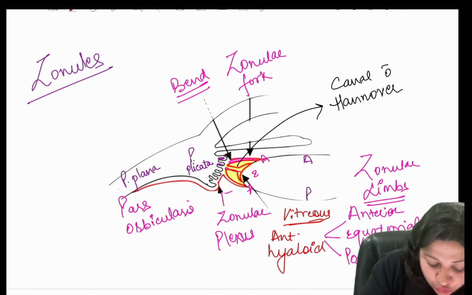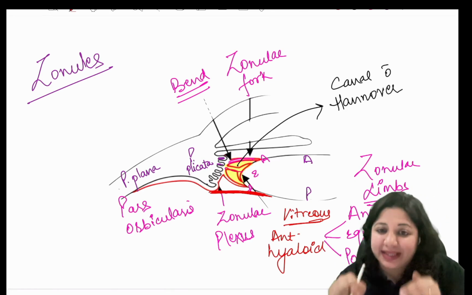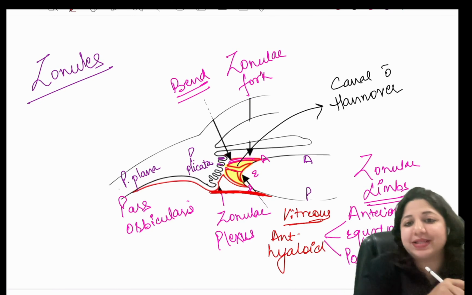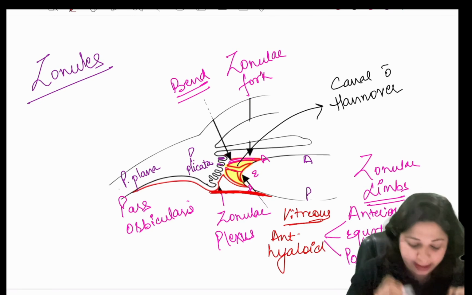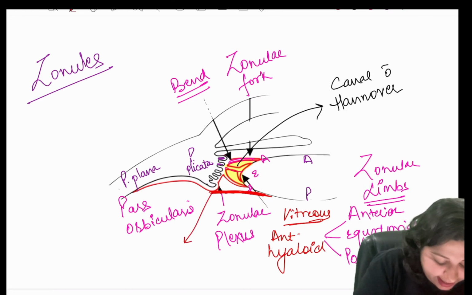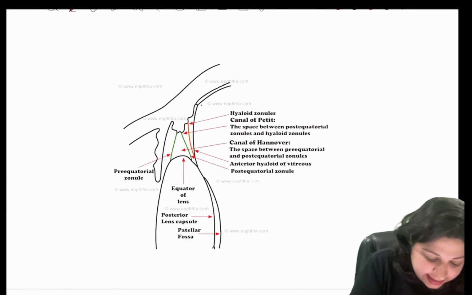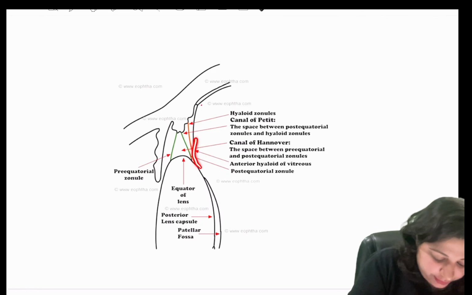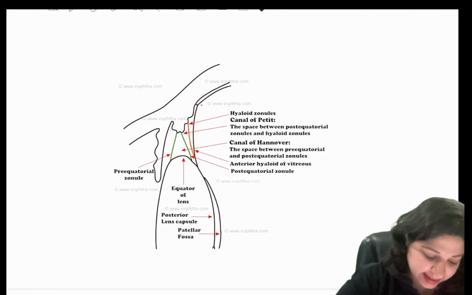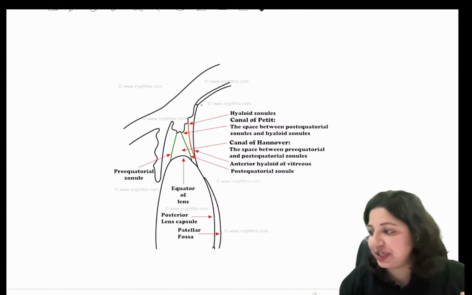So there are these zonules which are present here, also lining the anterior hyaloid to ciliary body, right? So this red structure is called as, here if you want to see, this is the anterior hyaloid of the vitreous, and this is the hyaloid zonule which I have just drawn, which is the zonule connecting the ciliary body to the anterior vitreous.